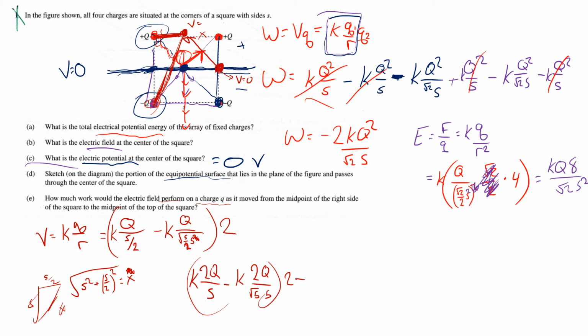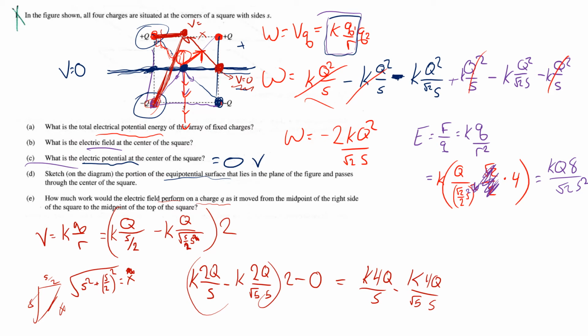While we're here, we're going to minus 0 because we started out at 0 volts, so it's just going to equal this. So we're going to have K4Q over S minus K4Q over root 5S.